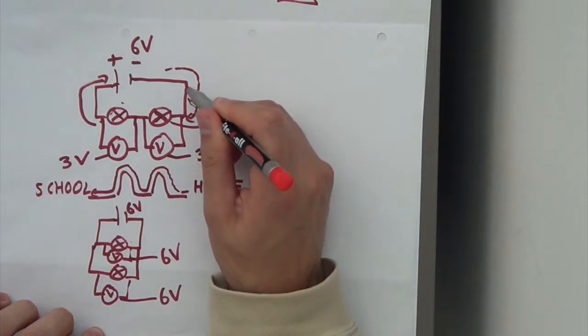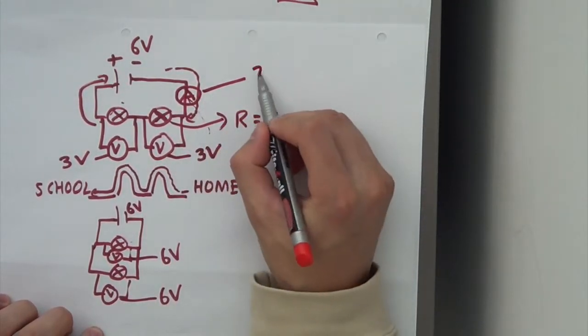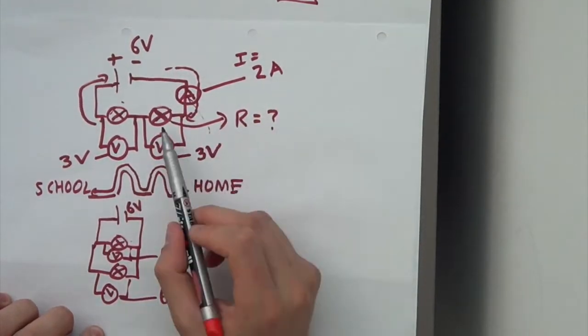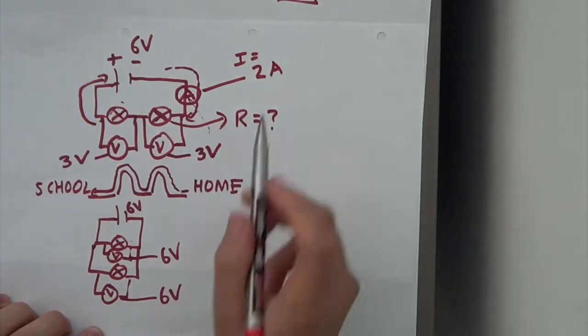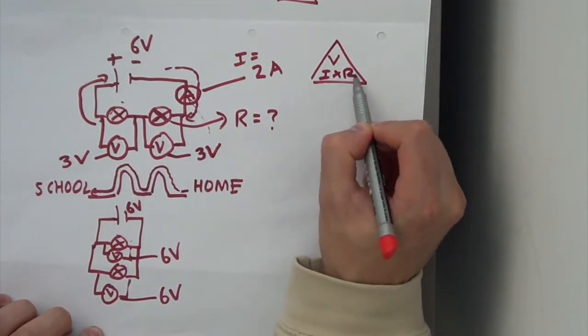Now if I put an ammeter in this circuit and it reads 2 amps, so I equals 2 amps, and I know the voltage is 3 volts, I'm now going to use this formula, V equals I times R, to give me R.